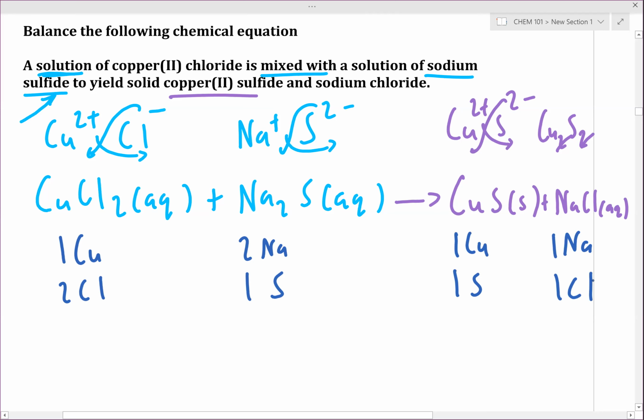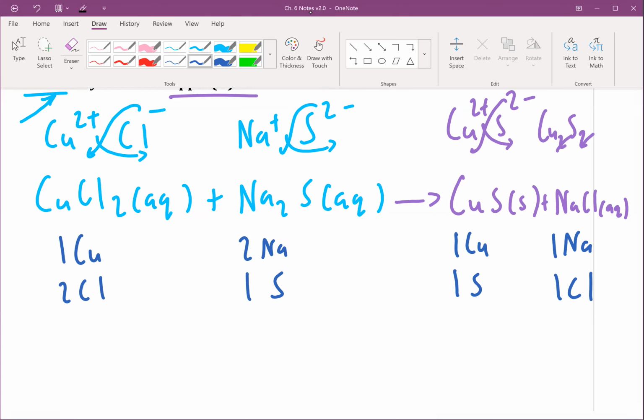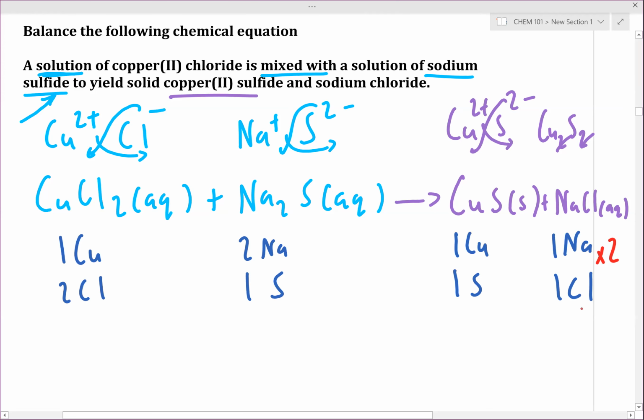Okay, now my question to all of you is, what element is not balanced? Sodium. Okay, so we have 2 sodiums on the left. So how many sodiums do I need on the right? 2. So just to highlight the logic behind this, 1 times 2 would give us the 2 sodiums and 2 chlorides. So we put a 2 in front of sodium chloride.